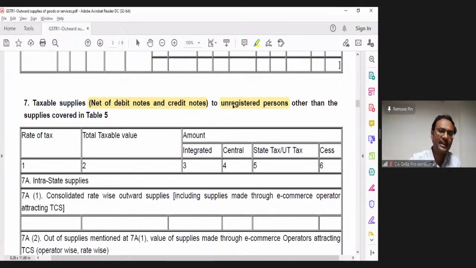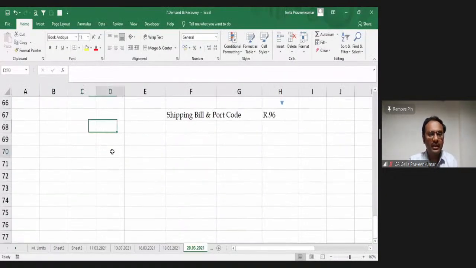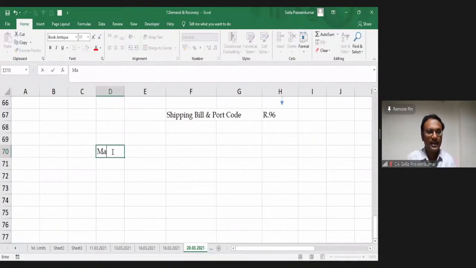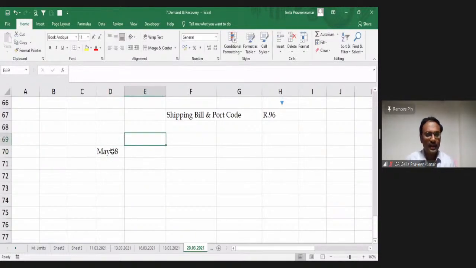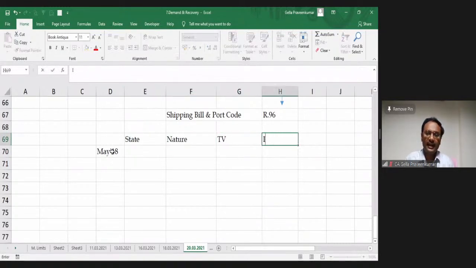Now, this is one fantastic area where again, most of you have the issues to tackle with. Let me come back to my Excel file. Friends, all these are the practical issues you have to learn, experience and deal with. I'll give this example this way. May 2018, my written for May 18, if I see, I'll put it this way: state, nature, taxable value, IGST, CGST, SGST.